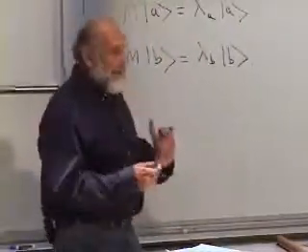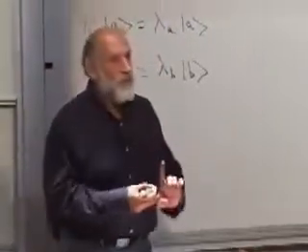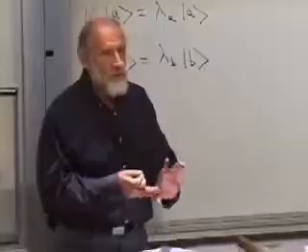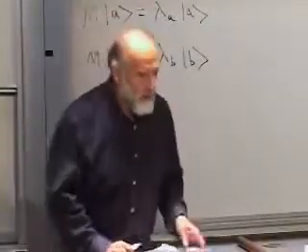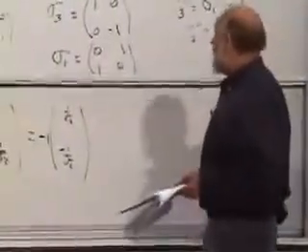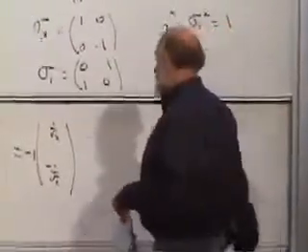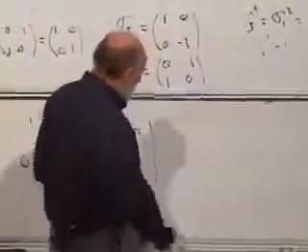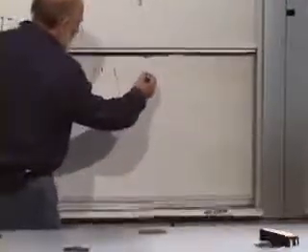That's the basic idea: orthogonal states are distinguishable, measurably distinct, and you can distinguish between them by measuring appropriate observables. For example, we already have some examples. The two examples that we had, one of them was 1, 0 and 0, 1.